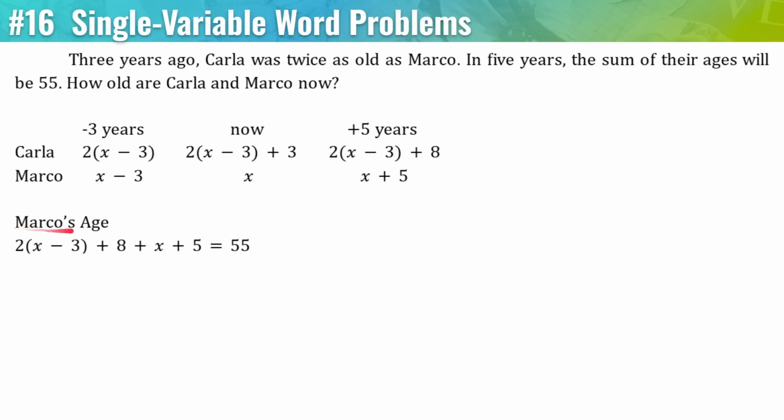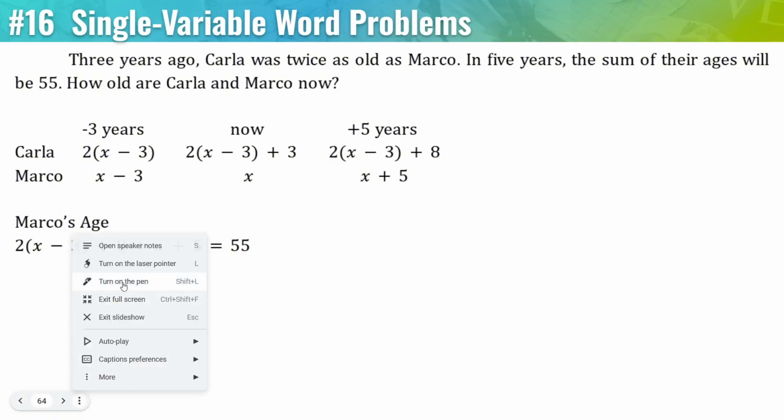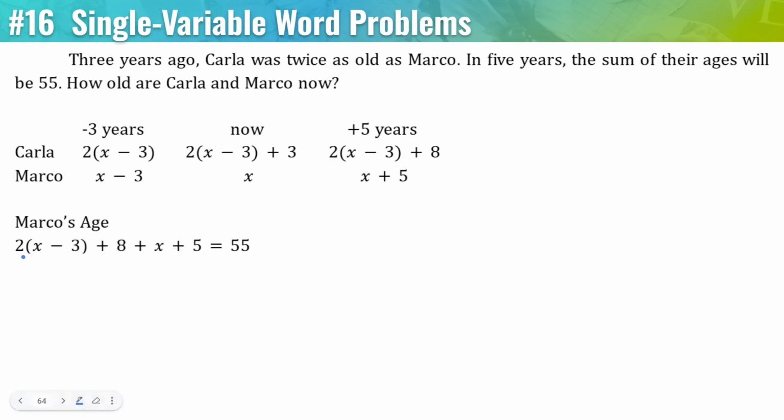First we solve for Marco's age as it is the simplest number. So here we have Carla's age in the future, 2 times x minus 3 plus 8, and then Marco's age in the future, x plus 5, is equal to 55. What we have to do is distribute 2.